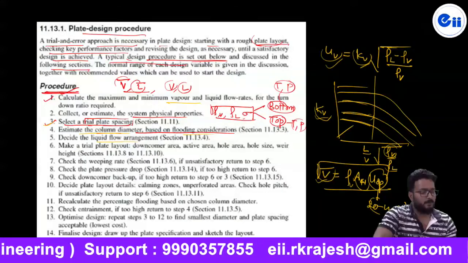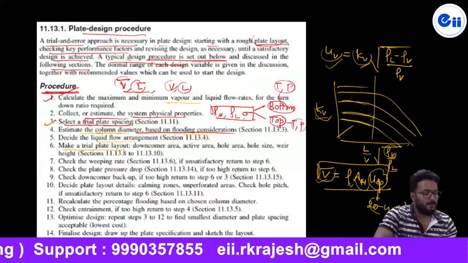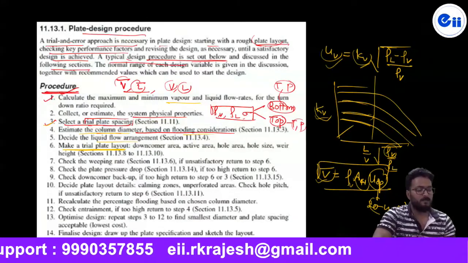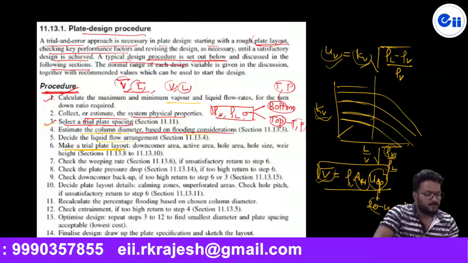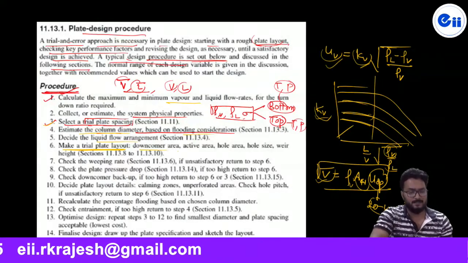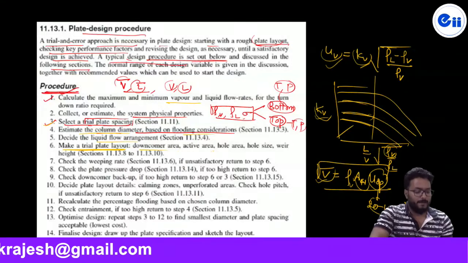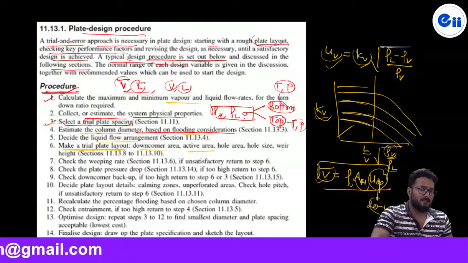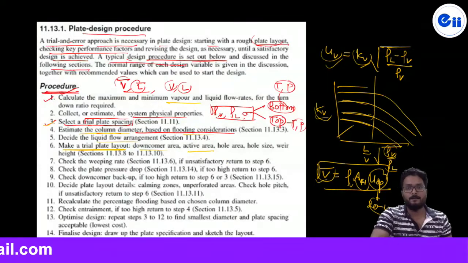After that, make a trial plate layout. Trial plate layout means we have to assume the downcomer area, which is 10 to 20%. Now the active area, as I told you in the last lecture, is also called the bubbling area. It is column area minus 2 times downcomer area.